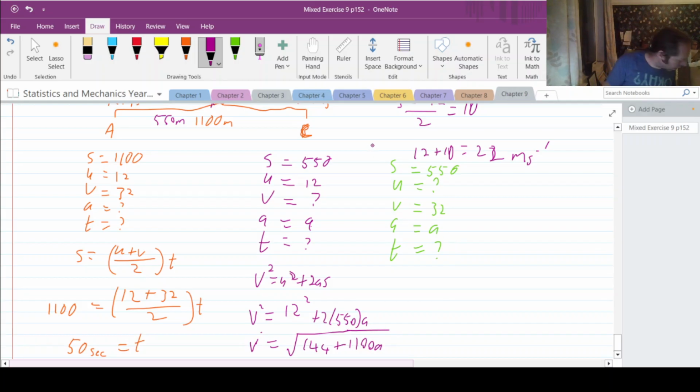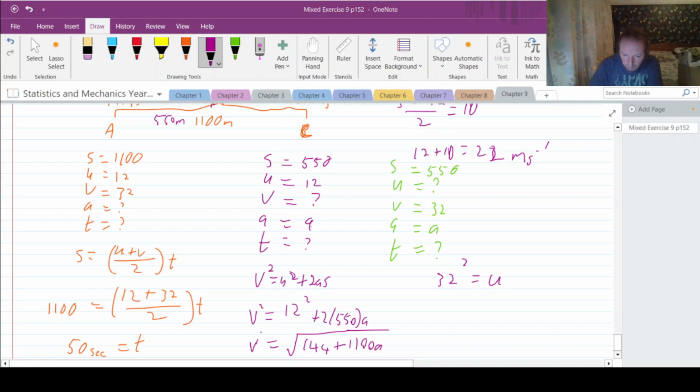And as we look over here, what are we looking for? It's the same thing, not looking for any time. So if we put it in, 32 squared is equal to initial speed we're not sure of, so u. I want to use one without u, surely. Yes, the u in this case will be the initial v up here. So this is the purple v squared.